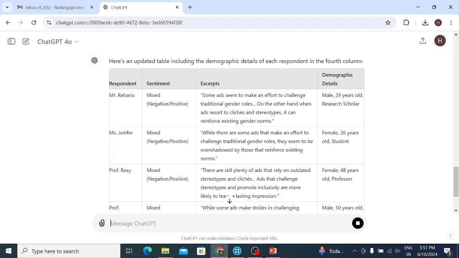Right. So here you got a summary of what about Mr. Rebario, what about Miss Jennifer, Roji, right? So you got a demographic detail as well.